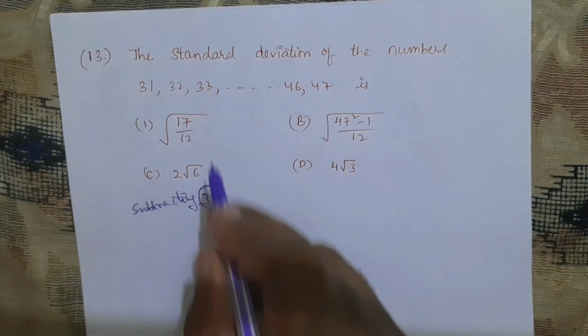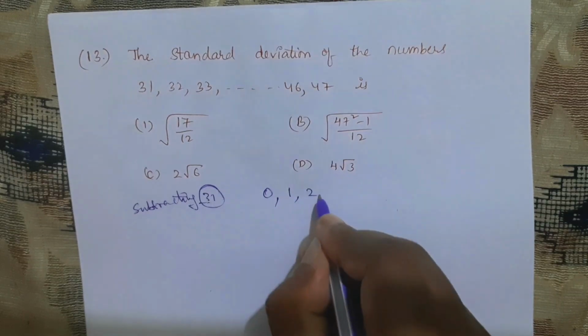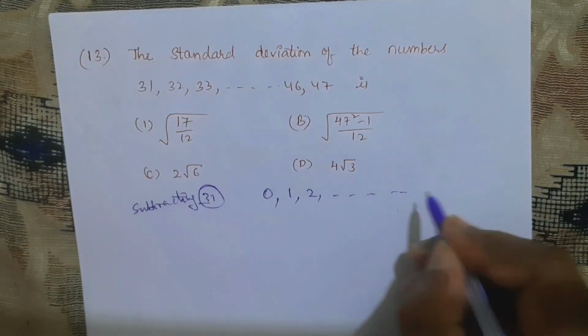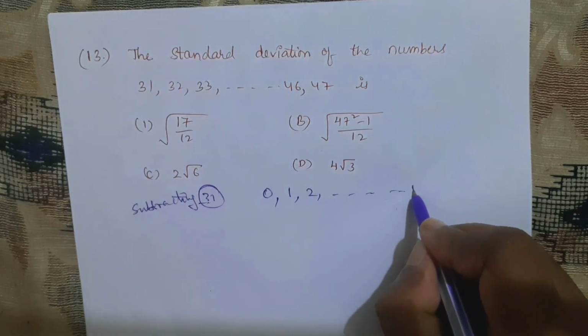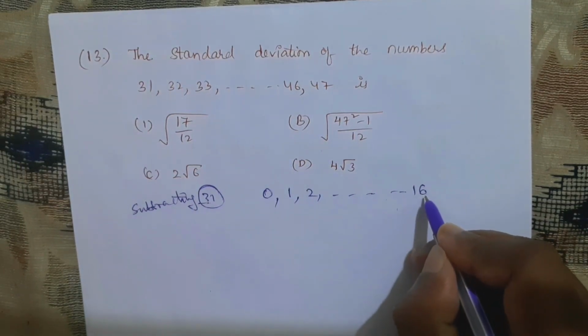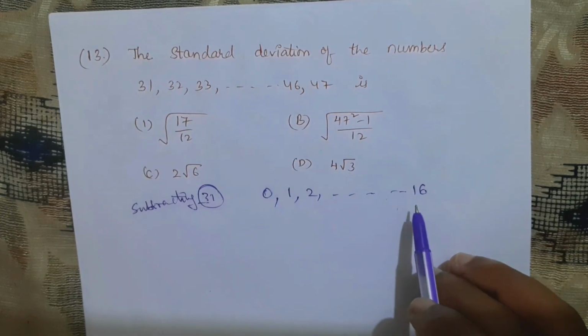Then the observations will be 0, 1, 2 and so on. If you observe 31 to 47, there are 17 numbers, so the last observation will become 16. Why? Because starting from 0, 1, 2, 3, so on up to 16.